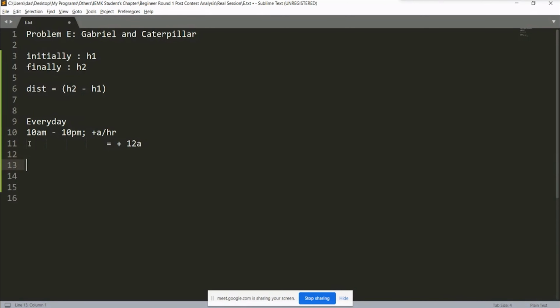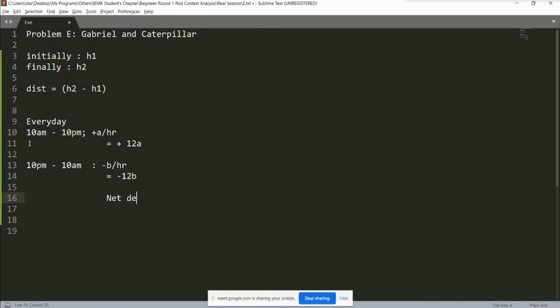And after that, during the night time from 10 p.m. till the next morning 10 a.m., it would fall by b units every hour. So that means that at the end of 12 hours, it would slip by a total of 12b.